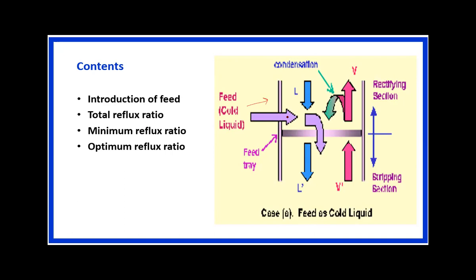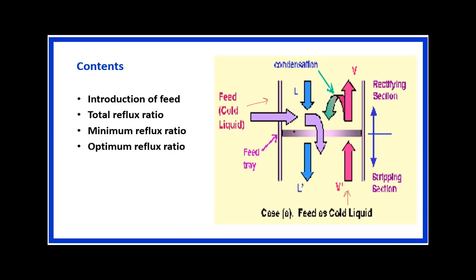If the feed is cold liquid, then obviously by gravity it passes towards the reboiler, and in the reboiler it is heated, and after changing into vapors, they come out from the reboiler into the column again. As vapor density is lesser than the liquid, it goes in an upward direction, right? So this is the common phenomenon.